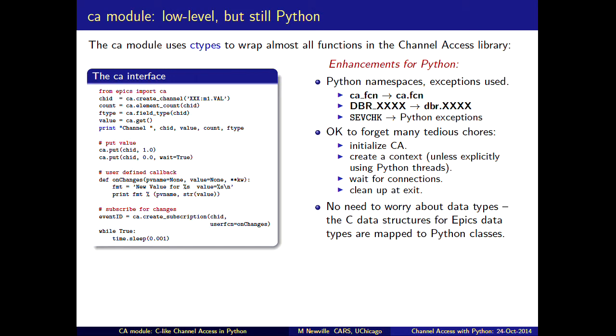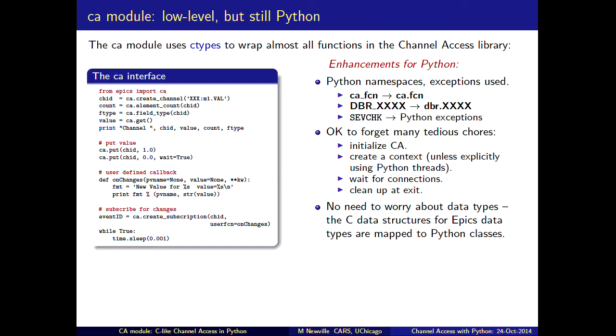And there are many slight changes from C to Python for this library. So for example, the names are put in a module instead of having the CA underscore, and some things just aren't required in Python that are required in C, like handling different kinds of data type and allocating memory.